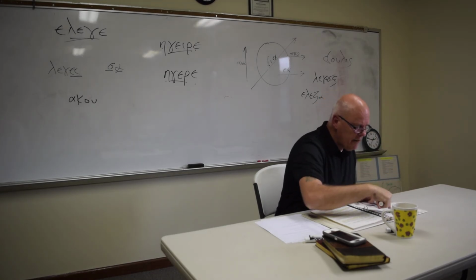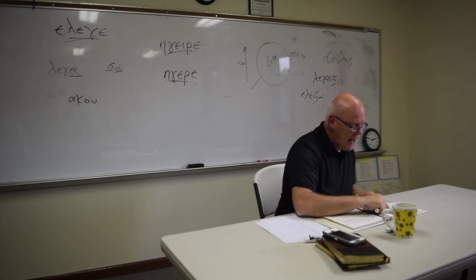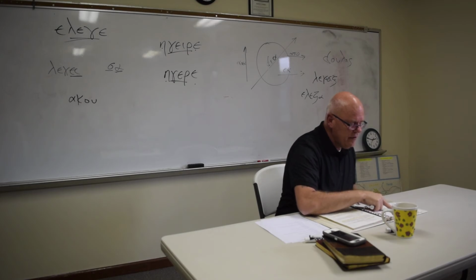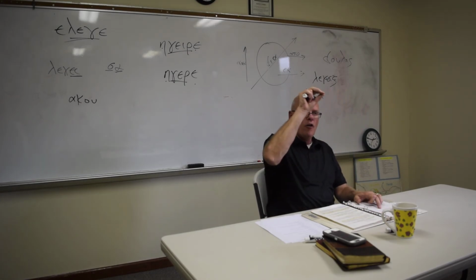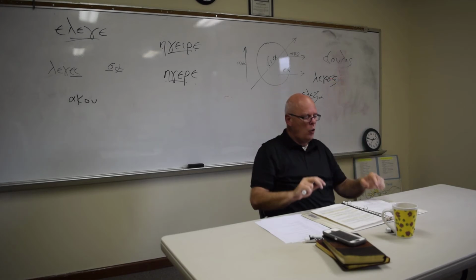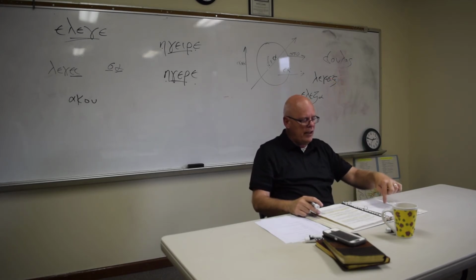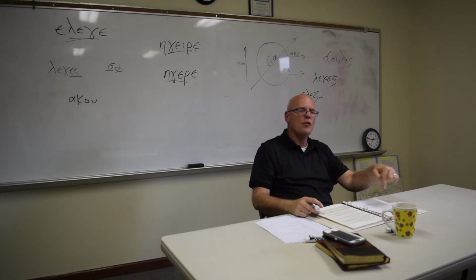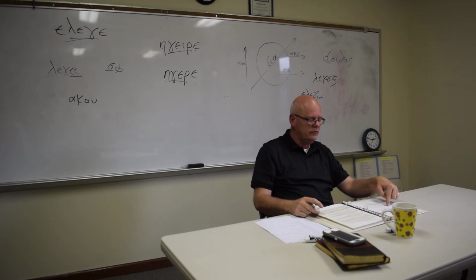In the attributive position, the adjective will always have the article. So in other words, it will be between the article and the noun. Whereas in the predicate position, the adjective is on the outside. You see it there? So the adjective doesn't have an article.